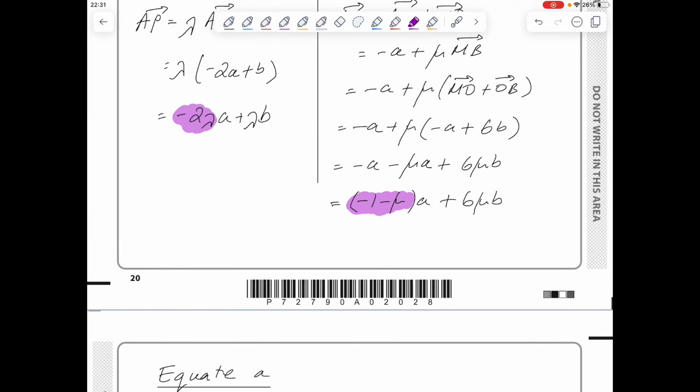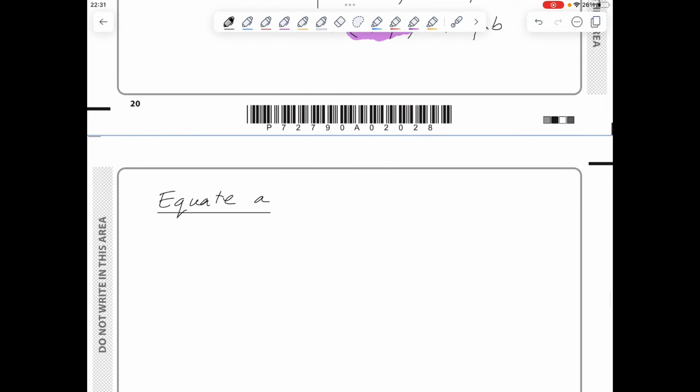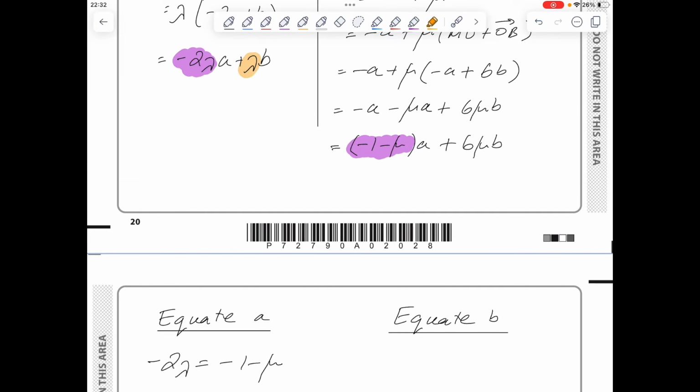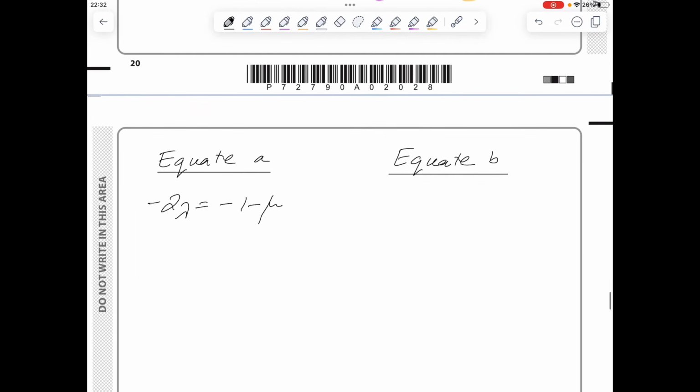So if I equate those two, I will get minus 2 lambda equals minus 1 minus mu, and then I will equate the coefficients of b. I've got lambda in the first one, 6 mu on the second one. So let's write this down. Lambda equals 6 mu.